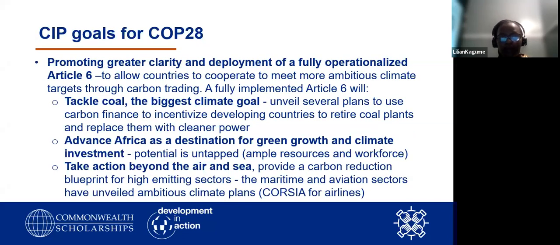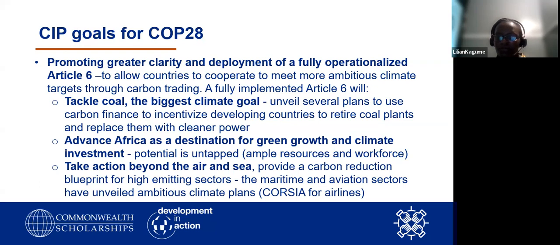As a company, our goal for COP28 is to call for full operationalization of Article 6, because this will allow countries to cooperate towards more ambitious climate targets through carbon trading.